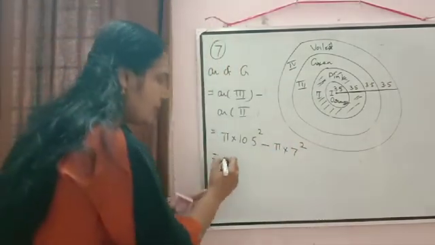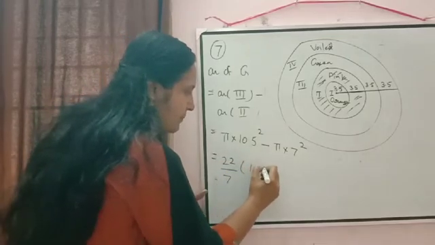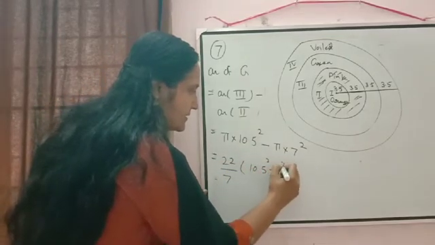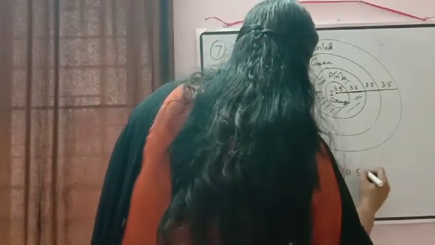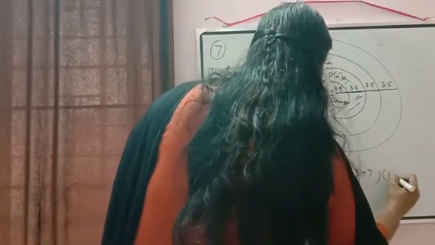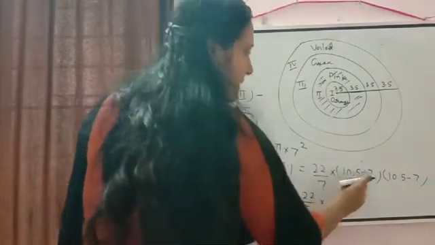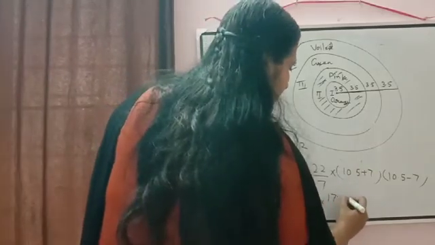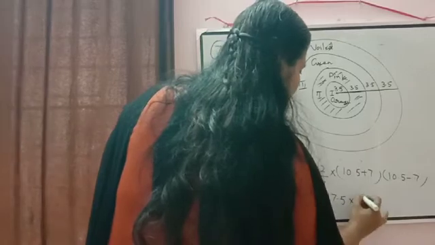Again we can take pi common. Then 22 by 7 into 10.5 square minus 7 square. Use the identity there. So 22 by 7 into 10.5 plus 7 into 10.5 minus 7. So we will get here 22 by 7 into 10.5 plus 7, 17.5, into this subtraction will come 3.5.